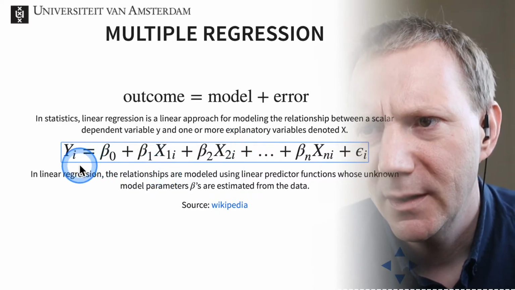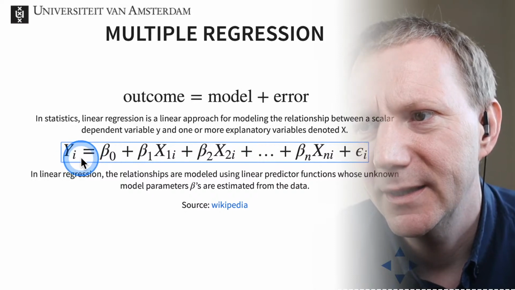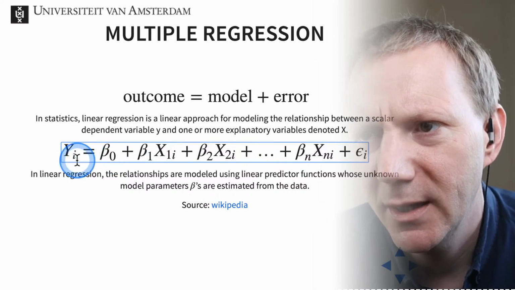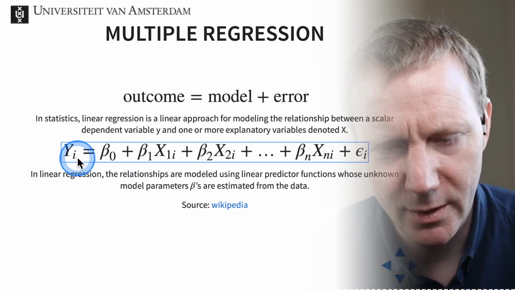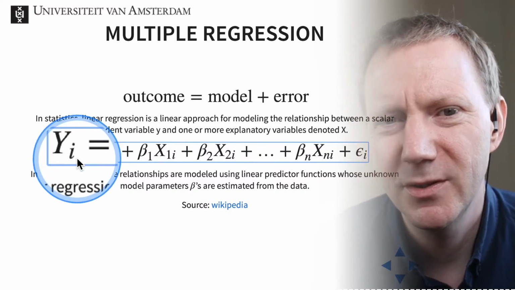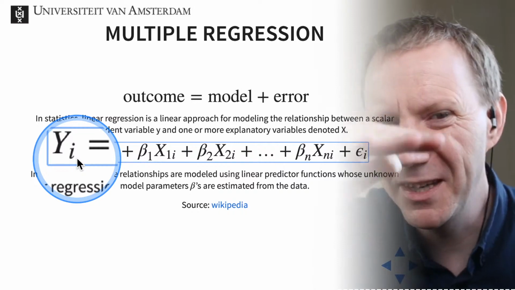So the indication of i here is an indication of the index, but you could also think of it as the individual.